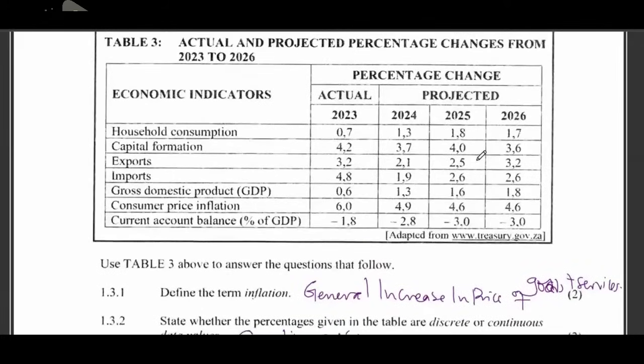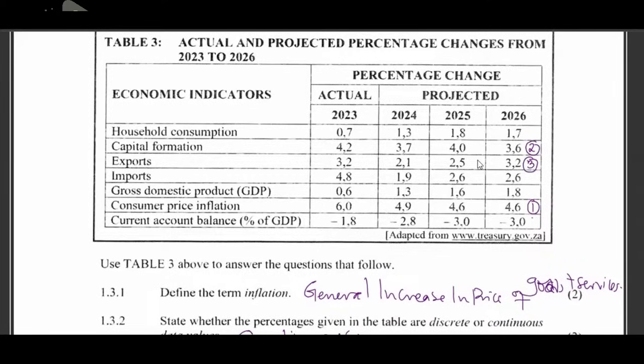Number 1 will be the biggest, which is 4.6, followed by 3.6, followed by 3.2, followed by 3.0.